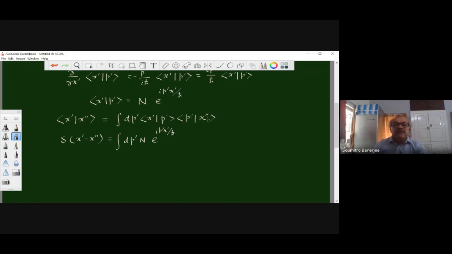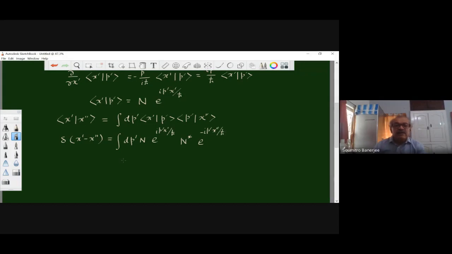What is this? It is the conjugate, the star of the same thing evaluated at x double prime. So we'll write n star, and if n is a real number, then the star makes no sense, but nevertheless, let me write it correctly. It is then minus its conjugate, minus I p prime x double prime by h cross.